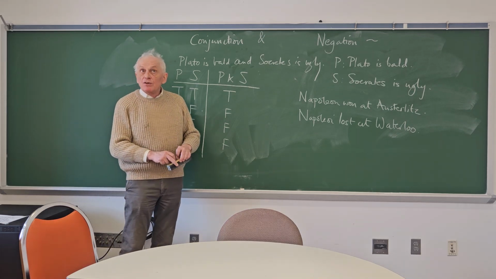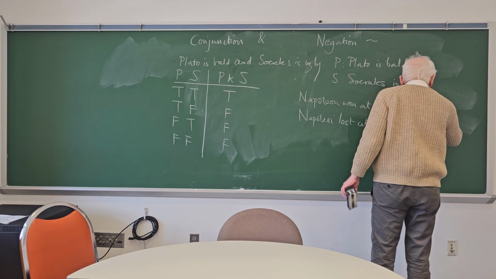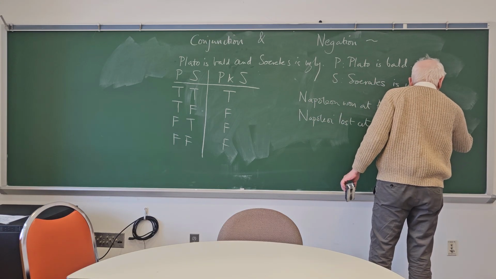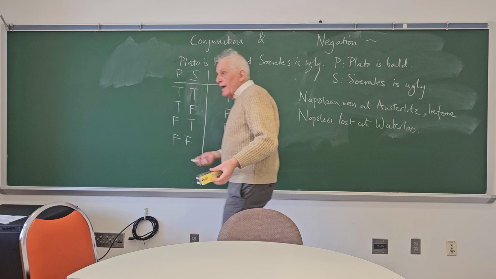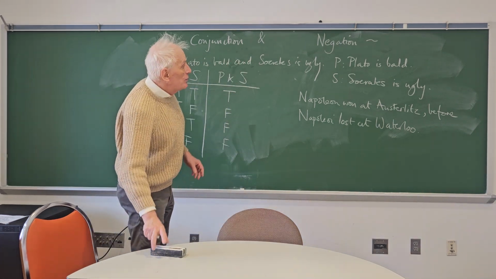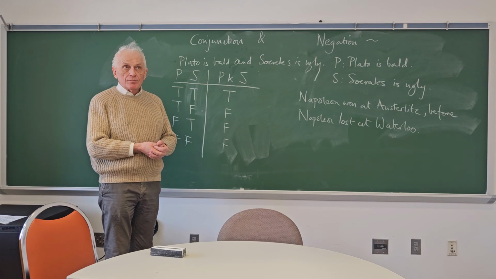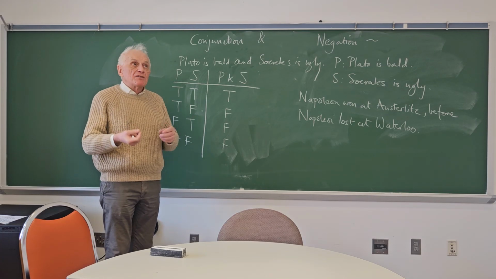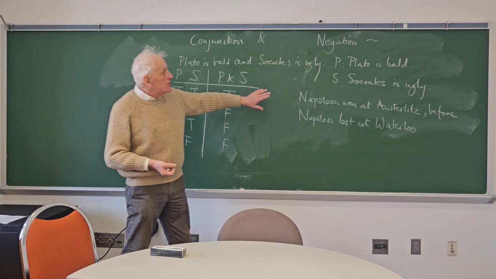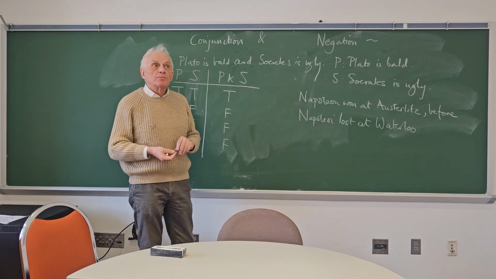A good example of a non-truth functional connective would be before. So before is a connective, it joins two sentences together. Napoleon won at Austerlitz before Napoleon lost at Waterloo. This is a compound sentence formed from these two atomic sentences with the connective before.